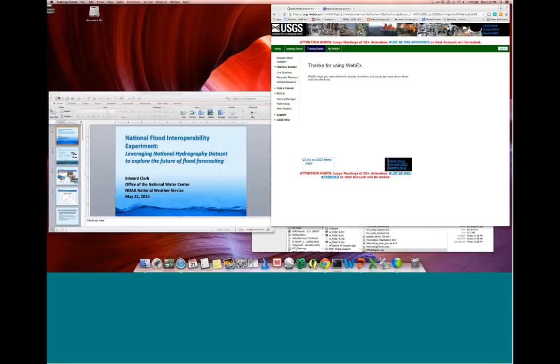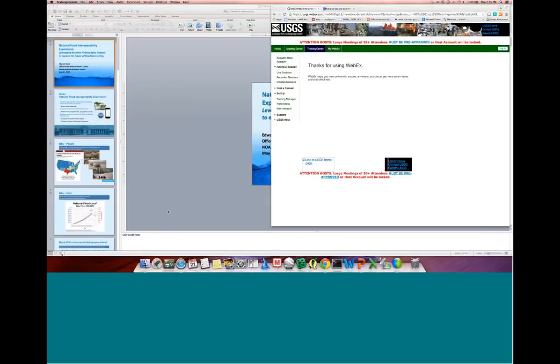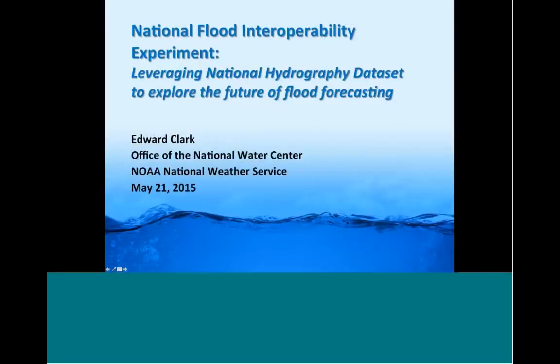Since joining the hydrology team at the National Weather Service headquarters, he has led efforts on behalf of the Office of Hydrologic Development to scope and design the integrated water resources, science and services, interoperability, and data synchronization capabilities, as well as planning for the NOAA National Water Center. Ed's also co-chair, along with me, of the Subcommittee on Spatial Water Data. So, Ed, go ahead and take it away.